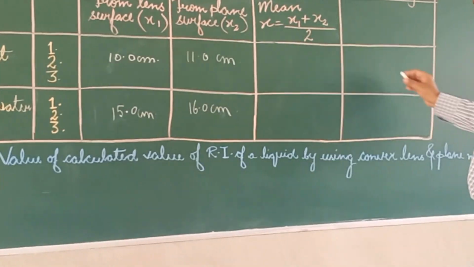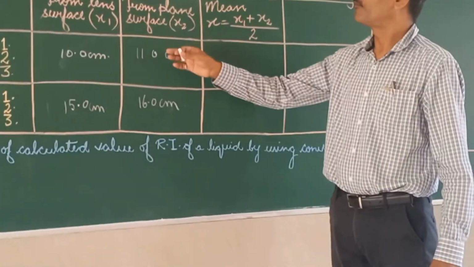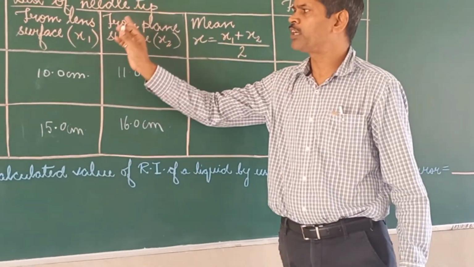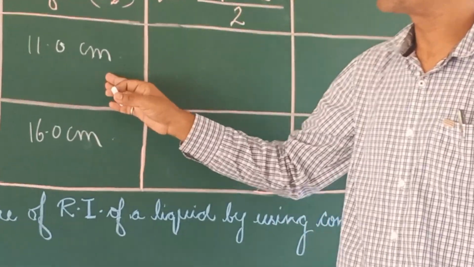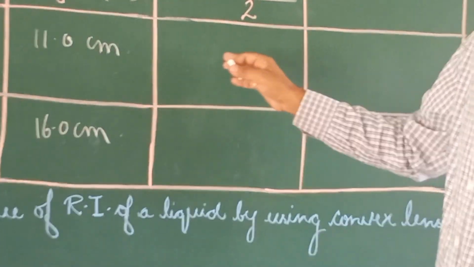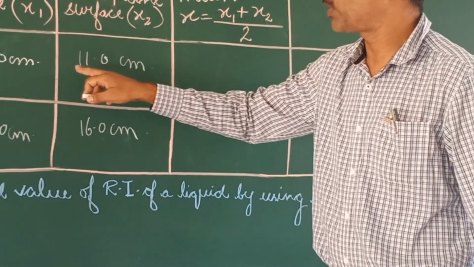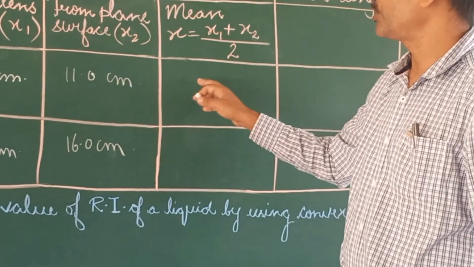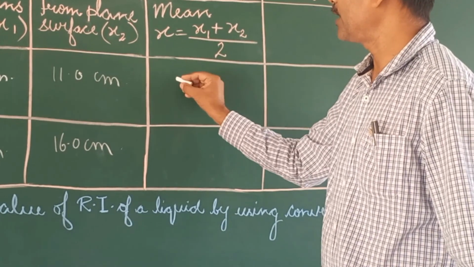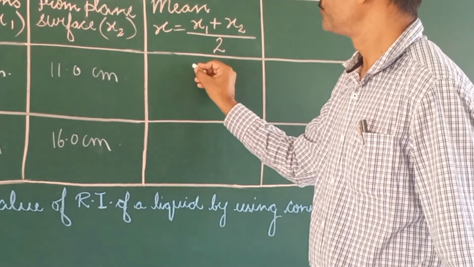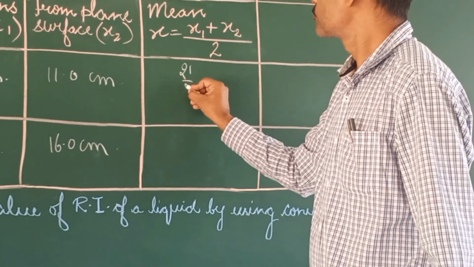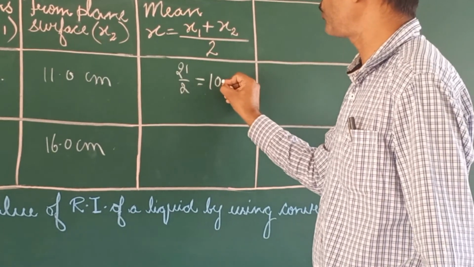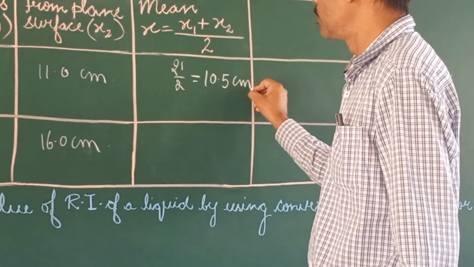Now find the mean of the distance of the needle pin without water and with water. Now this is 10 plus 11. This is 21. So we can write 21 by 2, which is 10.5 centimeter.